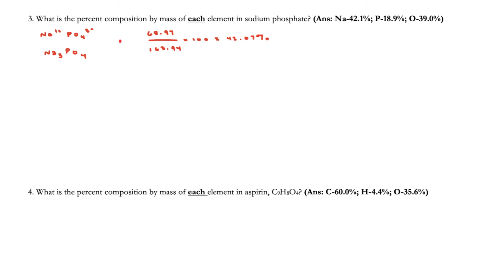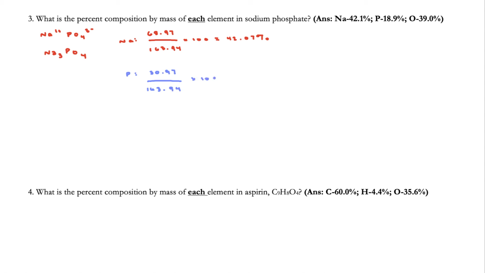That is for sodium. Now I'm going to do that for phosphorus and for oxygen as well. For phosphorus, I only have one of them. Its molar mass is 30.97, so I'm going to put the 30.97 on top, and divide by the total molar mass of the compound, which, as we previously noted, was 163.94, and multiply this by 100%.